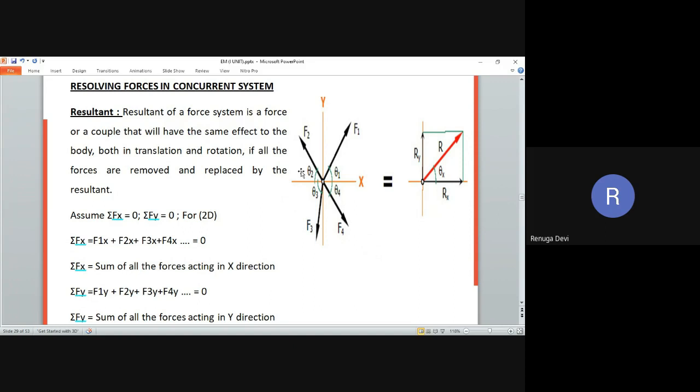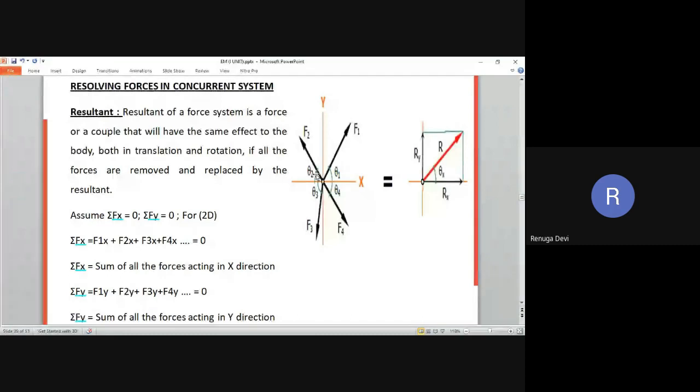At that time, resolving the forces in a concurrent system is very helpful. This is a very basic thing. If you know only this, you can solve any forces, whether two or three. No need to remember polygon law, parallelogram law, nothing. You can use any force system with this particular method.